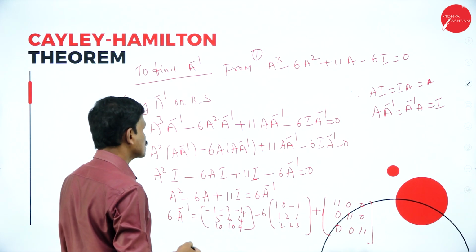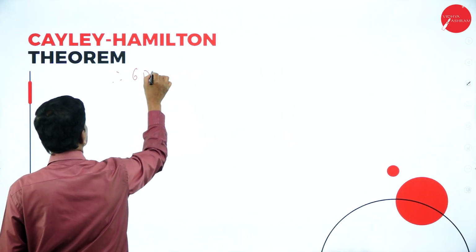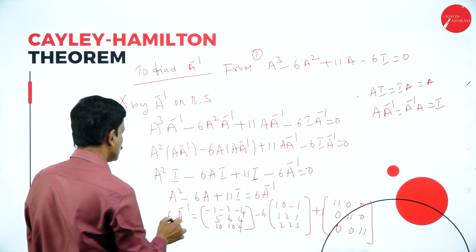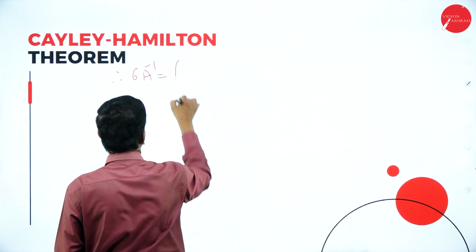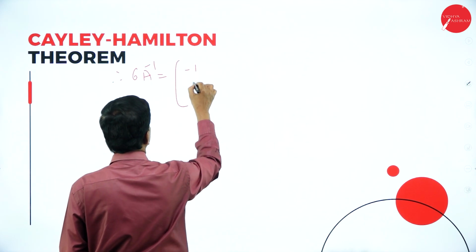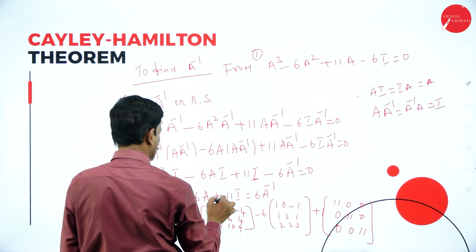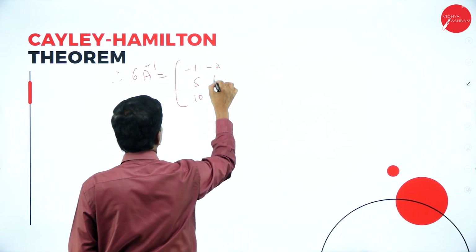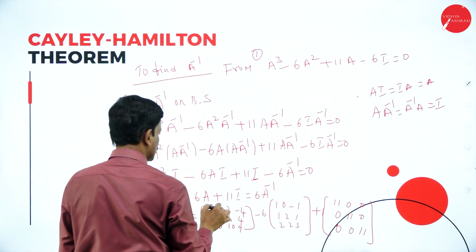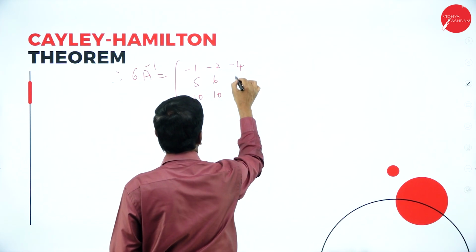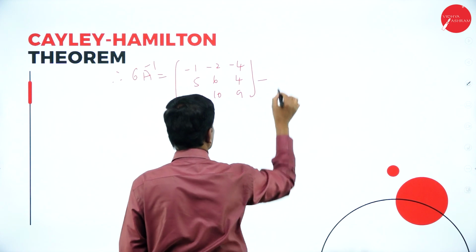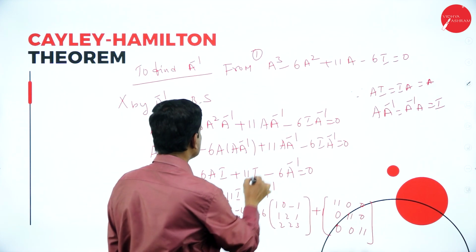Now let us simplify this. Now therefore 6A inverse is equal to, just keep this, minus 1, 5, 10; minus 2, 6, 10; minus 4, 4, 9, then minus multiply by 6.